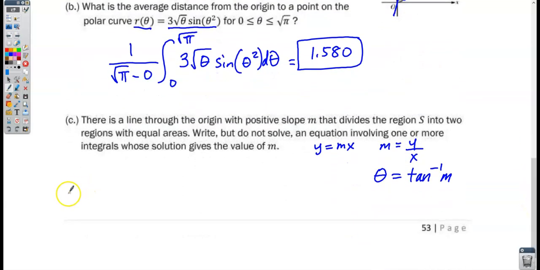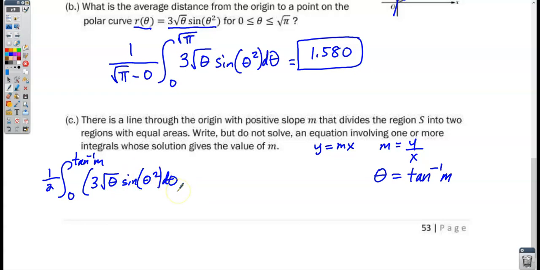So we would want one of these equations: 1/2 times the integral from 0 to arctangent of m of the function, oh wait, it's got to be squared, is equal to 1/2 times the integral from arctangent of m to square root of pi of the function.